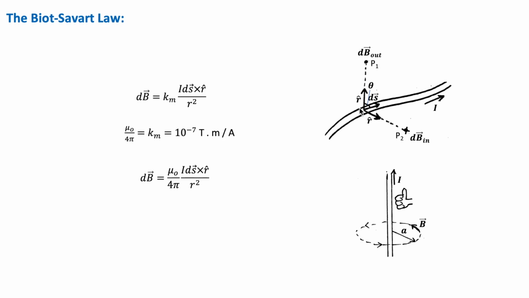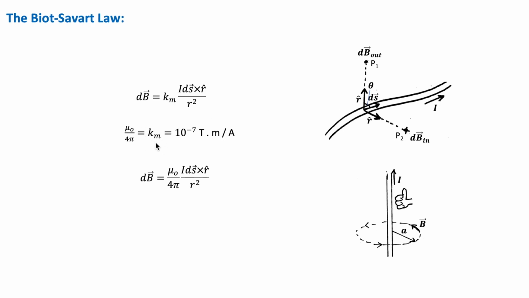And it also shows that the magnitude of dB is inversely proportional to r squared, where r is the distance from the point P to the element of the wire. And also, the magnitude of dB is proportional to the current I and to the length of the element ds, and also to sine theta, where theta is the angle between r and ds.